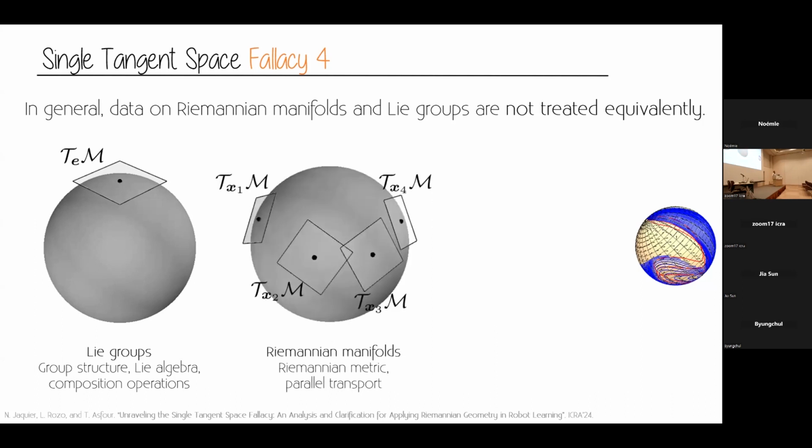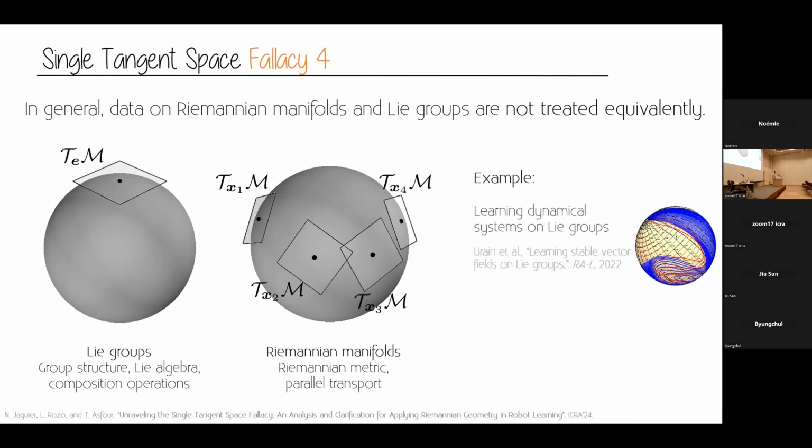What happens out there is that people might use tools of Riemannian geometry, like the exponential map and logarithmic map, thinking that they can use a single tangent space as if it was the Lie algebra. But this is not possible as long as you consider in the first place that it's a Lie group. This is a misconception that we see every time, because people think that the Lie algebra is somehow equivalent to having a single tangent space on a Riemannian manifold. And we wanted to highlight that fact.